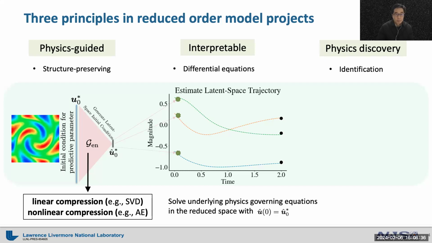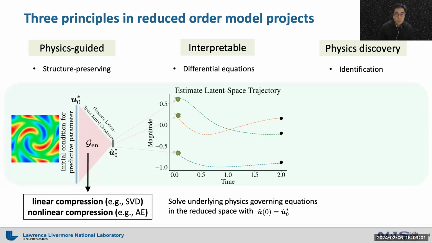And when we identify those differential equations, we also associate those individual differential equations with corresponding parameter points, so that once this reduced order model is trained, we never go back to the high-fidelity full order model in space.